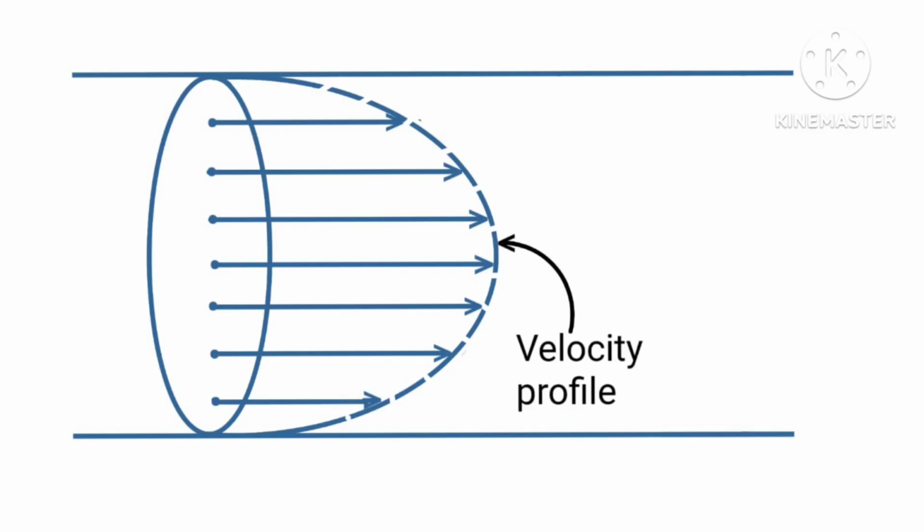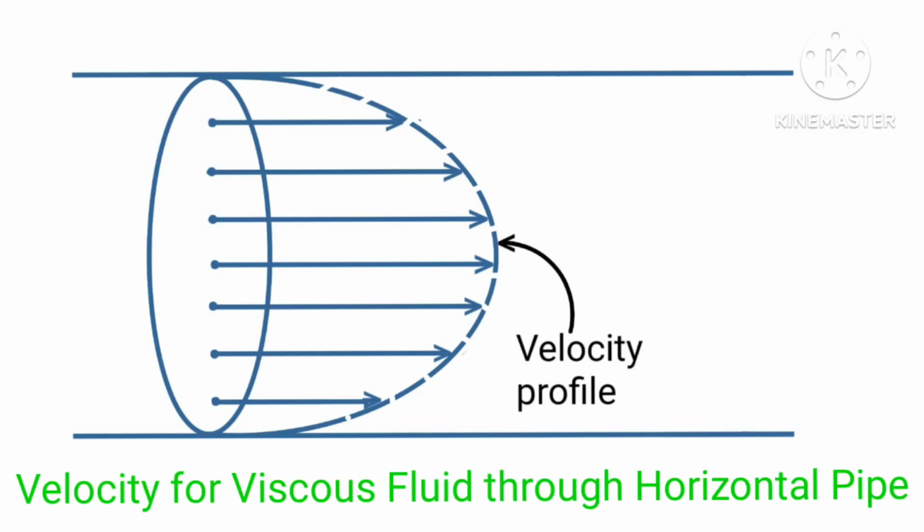On the other hand, when a viscous fluid flows horizontally through a tube, the layer of the liquid in contact with the wall of the tube has zero velocity. That is, the layer remains stationary. The velocity is maximum along the axis of the tube. The velocity of different layers decreases as we approach the walls of the tube.